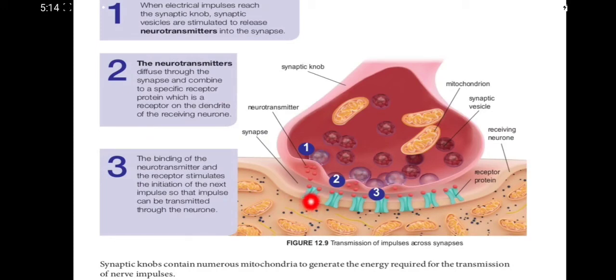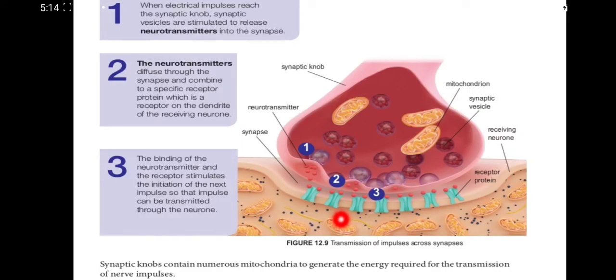Di sini adalah dendrite of the receiving neuron. Di sini ada protein receptor yang akan combine dengan neurotransmitter. Number 3, the binding of the neurotransmitter and the receptor stimulates the initiation of the next impulse so that impulse can be transmitted through the neuron.